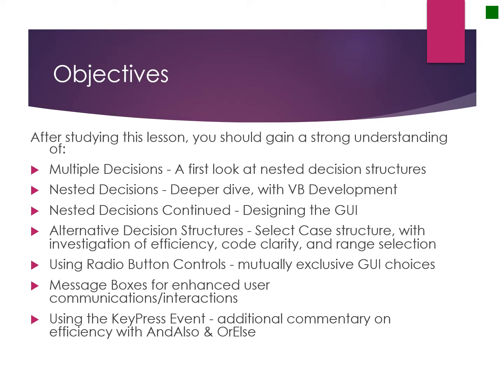After studying this lesson, you should gain a strong understanding of multiple decisions, a first look at nested decision structures, nested decisions, a deeper dive with VB development, nested decisions continued, designing the GUI, alternative decision structures, the Select Case structure with investigation of efficiency, code clarity, and range selection, using radio button controls, mutually exclusive GUI choices, message boxes for enhanced user communications and interactions, and using the KeyPress event with additional commentary on efficiency with AndAlso and OrElse.